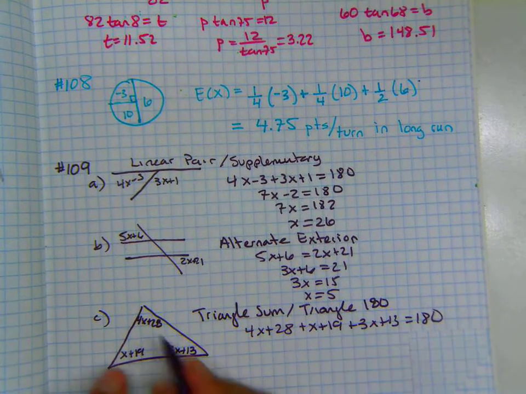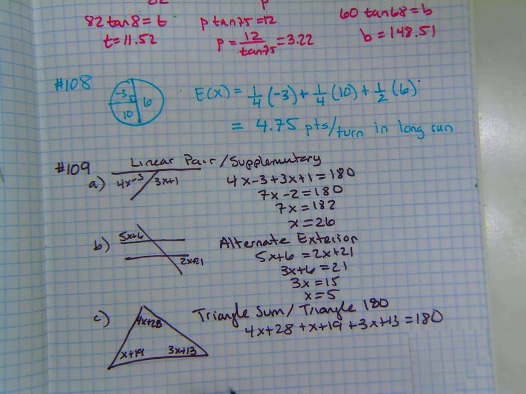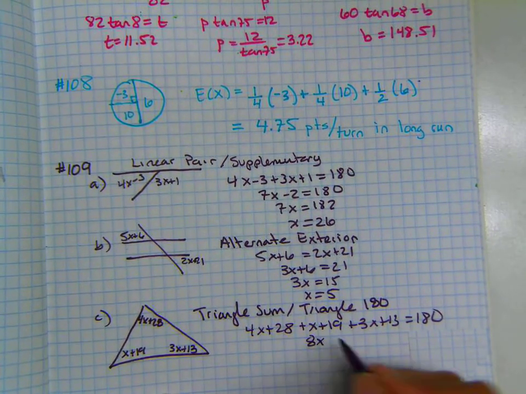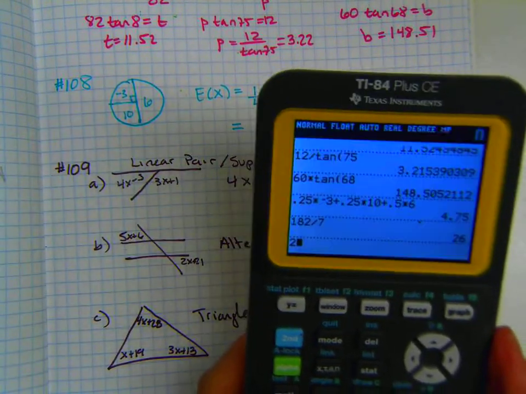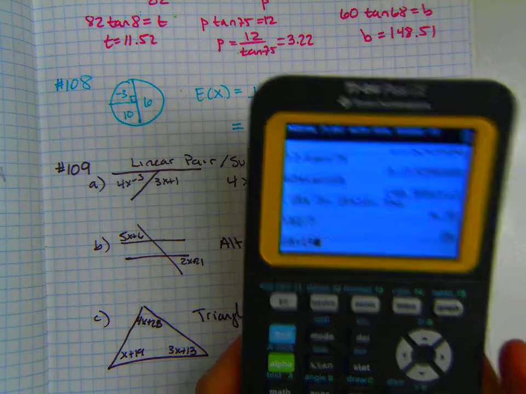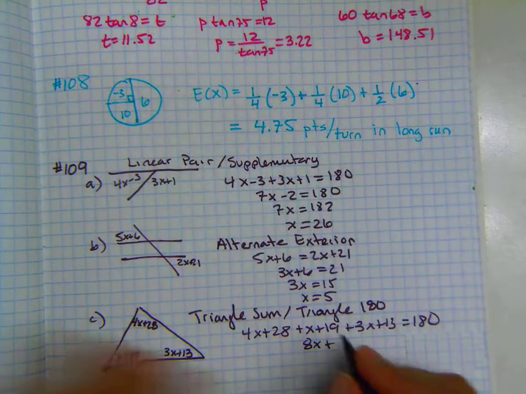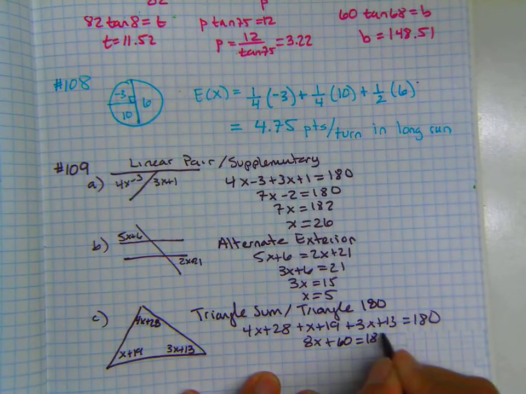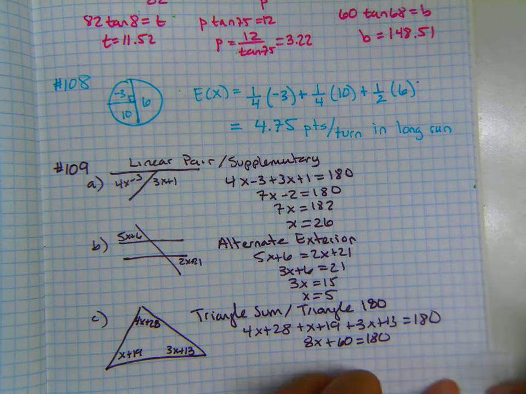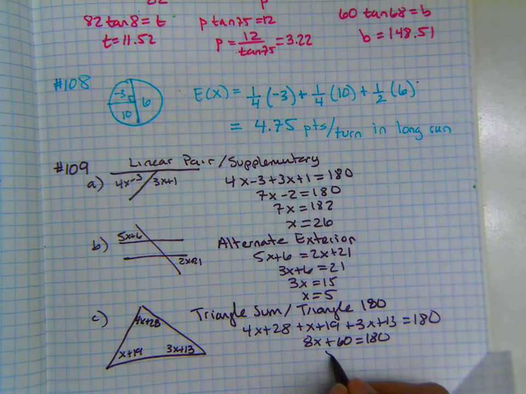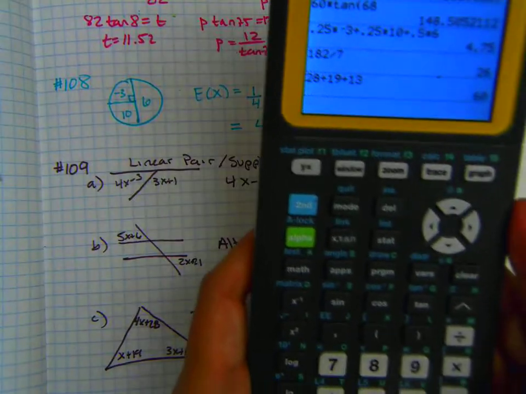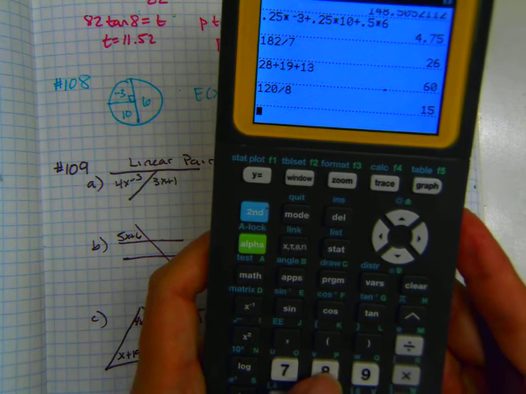Some of you just add it straight up from there. That's totally fine too. So you end up with 8x plus, I'm going to use the calculator because I don't want to mess this up. So 28 plus 19 plus 13 is 60, equals 180. Okay, so then minus 60 from both sides. It's going to be 120.